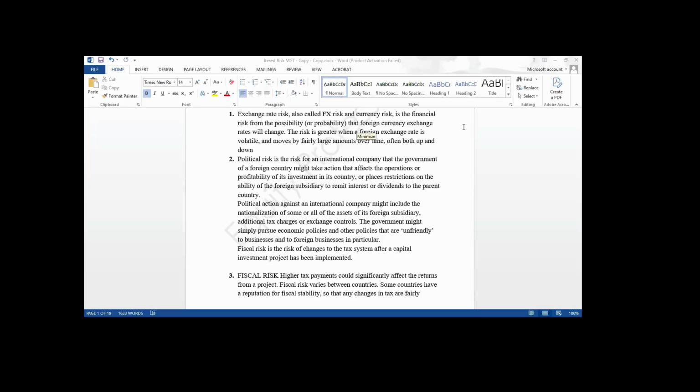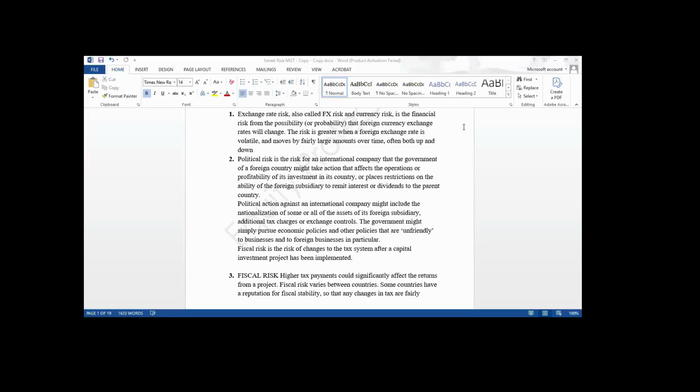Under the tax system, we have the issue of double taxation agreements or no double taxation agreements. If you are placing a foreign investment, you are going to ask yourself, is there a double taxation agreement with my country?